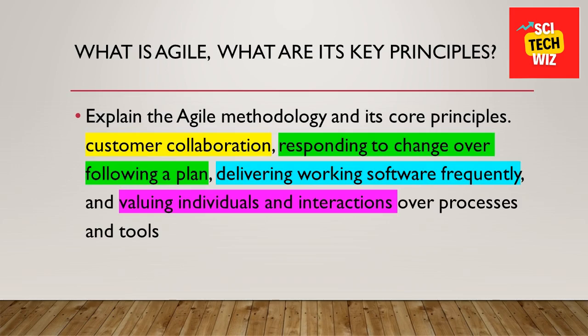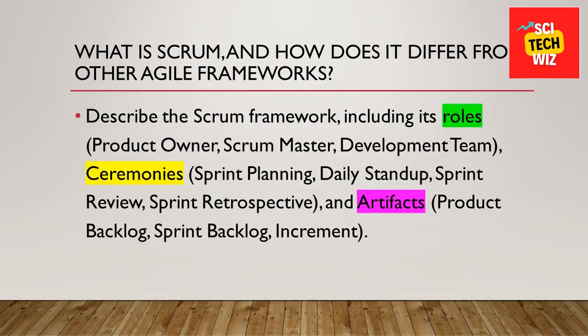You need to explain the Agile methodology and its core principles, such as customer collaboration, responding to change over following a plan, delivering working software frequently, and valuing individuals and interactions over processes and tools. This is the core concept you need to concentrate on while answering the question: what is Agile and what are its key principles?